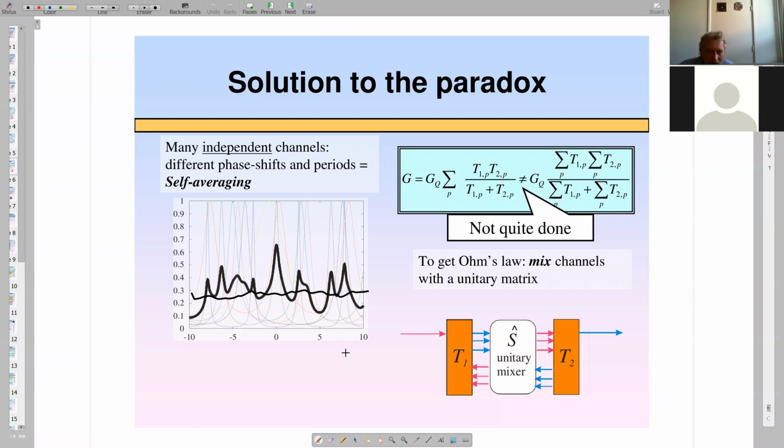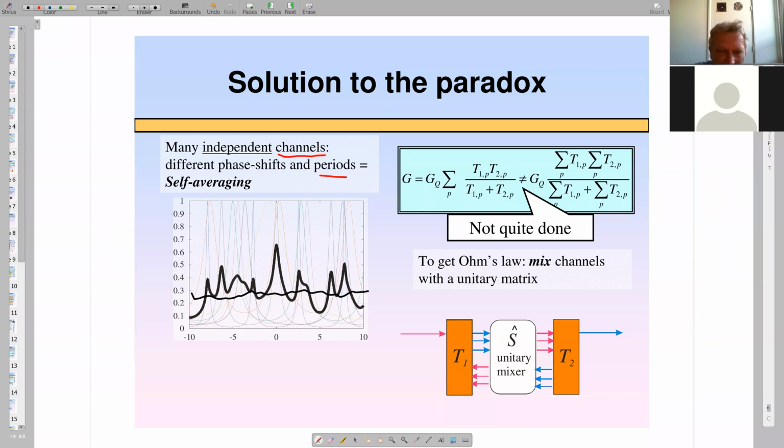First, what I would like to try is the following. I take many independent channels in parallel, which have different phase shifts and different periods with respect to energy, right? Different times of flight.